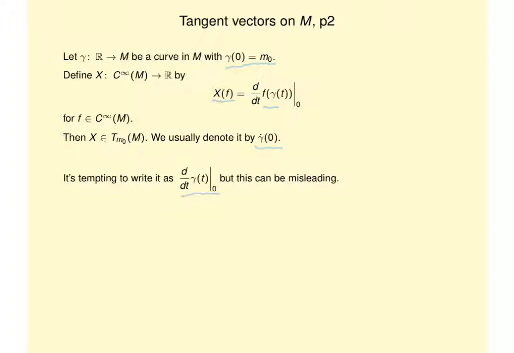But it is misleading because when one looks at this sort of expression, one tends to assume that it's the limit as t goes to 0 of (gamma(t) minus gamma(0)) over t, and of course on a manifold that makes nonsense. Indeed, even on a submanifold of Rn, it usually is nonsense. So we'll avoid this notation. We'll stick with this one here.